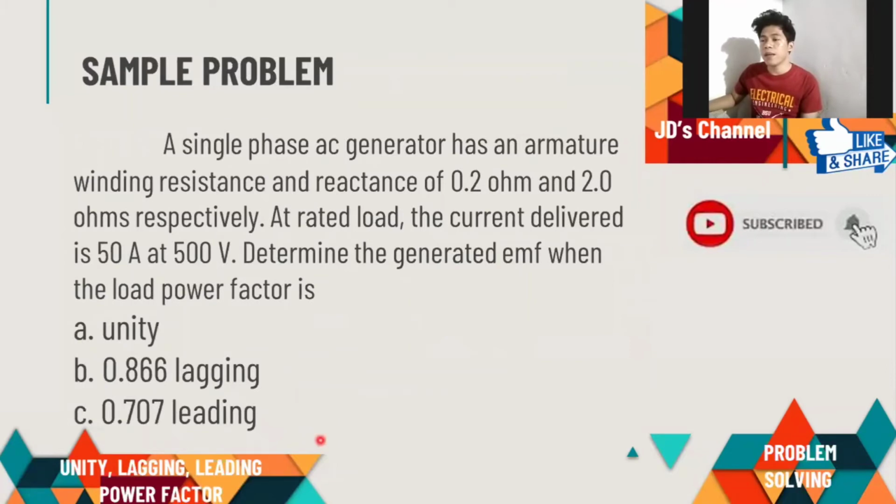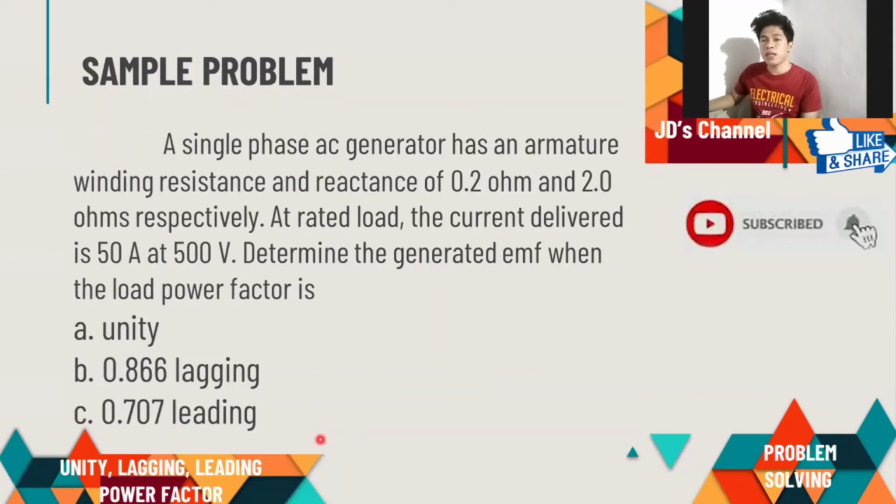For the sample problem, a single-phase AC generator has an armature winding resistance and reactance of 0.2 ohms and 2.0 ohms respectively. At a rated load, the current delivered is 50 amperes at 500 volts.